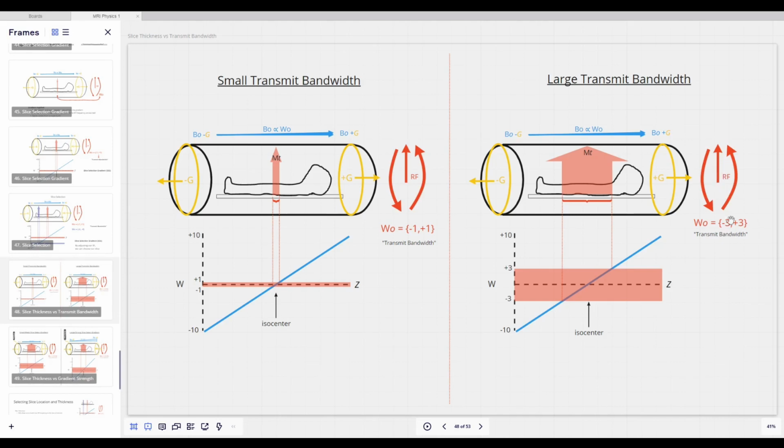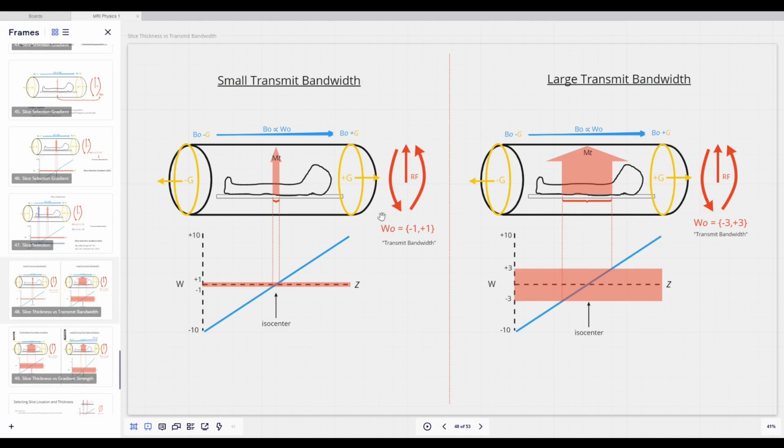We're applying our RF pulse across a greater range of frequencies. What does that look like on our graph? Well, you're saying that I'm going to excite everything between -3 and +3. That should be pretty intuitive. You're exciting a greater range of frequencies, which means you're going to be exciting more spins in the patient across a greater range, so your slice is going to be a lot thicker.